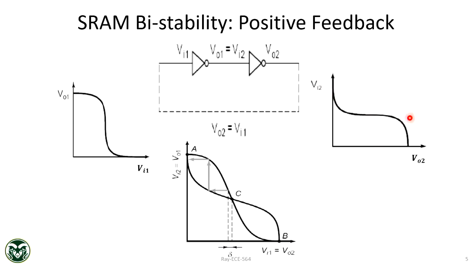So now this is the output of inverter 2. If input is low, output will be high. If input is high, output will be low. And then you combine them together because the y-axis is the same. That's how we form this butterfly diagram or eye diagram. This is a very famous plot to characterize SRAM.